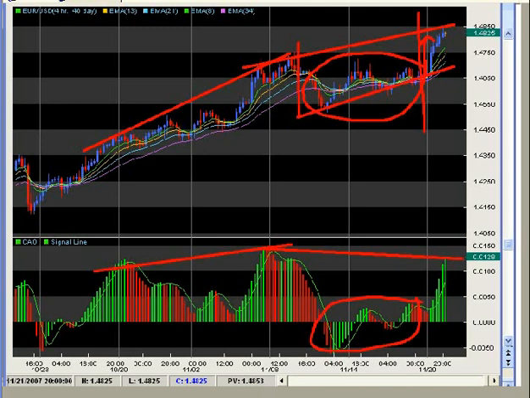That gave a nice buying opportunity for the Europeans, certainly not the North Americans who were sound asleep when the euro took off last night. So now we have to watch to see what happens, but it looks like the euro could be running out of steam, at least on the 4-hour here.